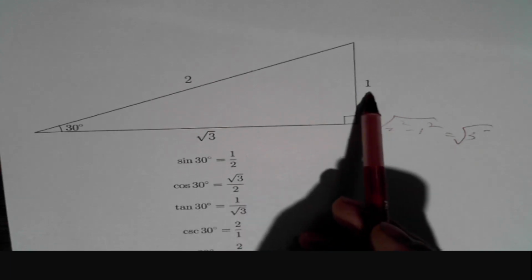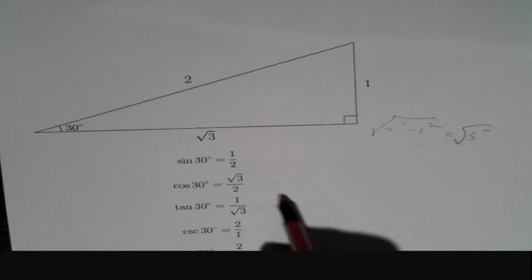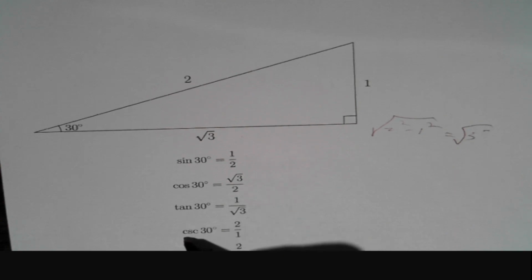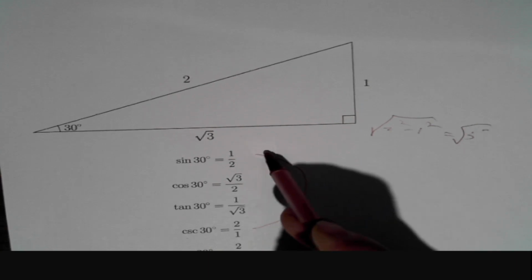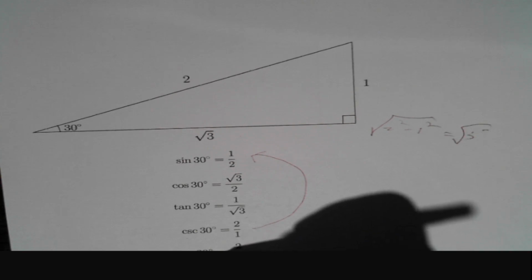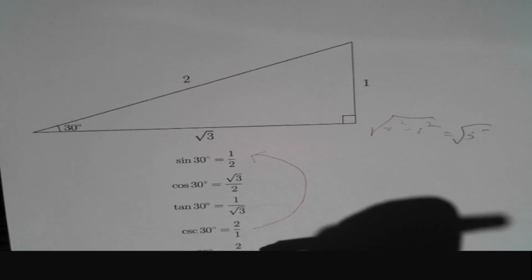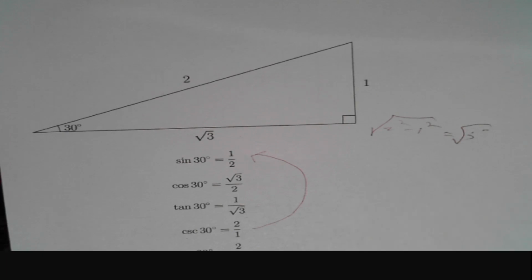Tangent is opposite over adjacent, 1 over root 3. Of course, you simplify it later, it will be root 3 over 3. And then cosecant is the reciprocal of sine. So cosecant 30 is 2. Secant 30 is 2 over root 3. Cotangent 30 is root 3 over 1.